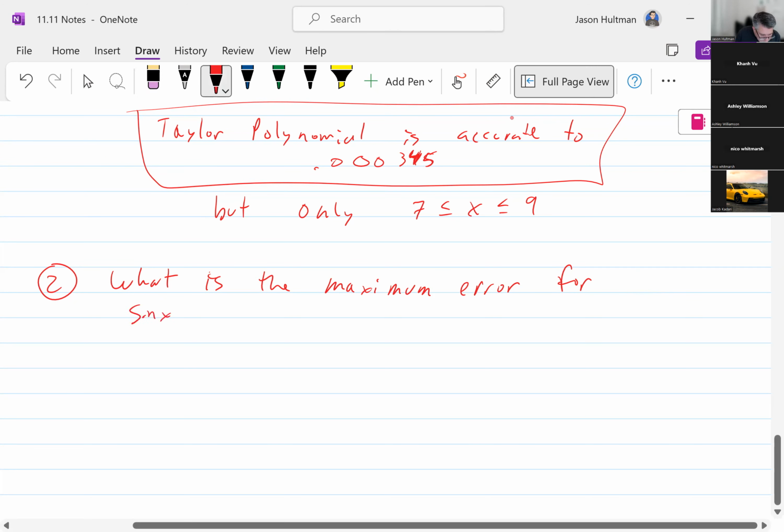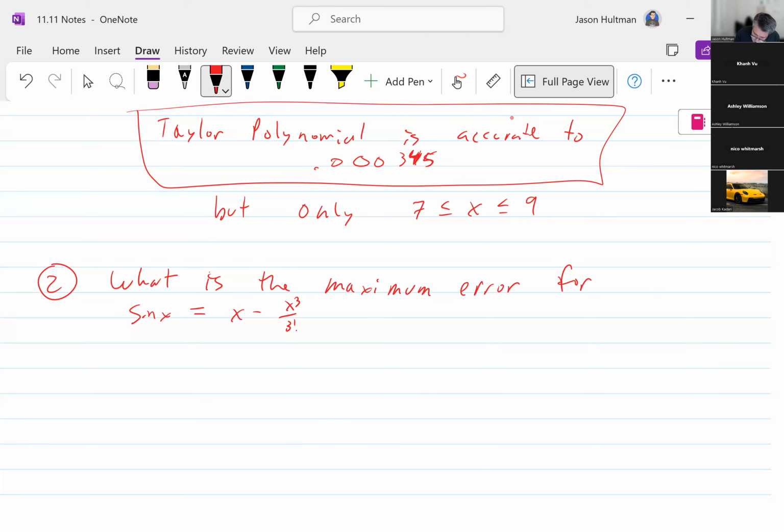The sine of x equals x minus x cubed over 3 factorial plus x to the 5 over 5 factorial, when x is between negative 0.3 and 0.3. So we're looking for the remainder again. We want to know how accurate this thing is, so we need to do some analysis here.